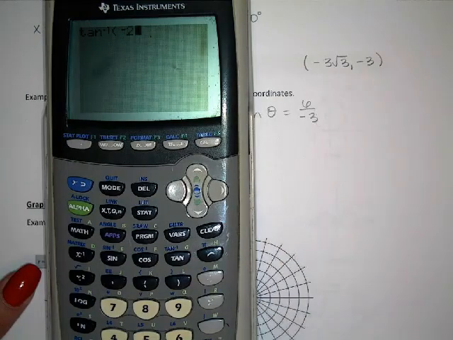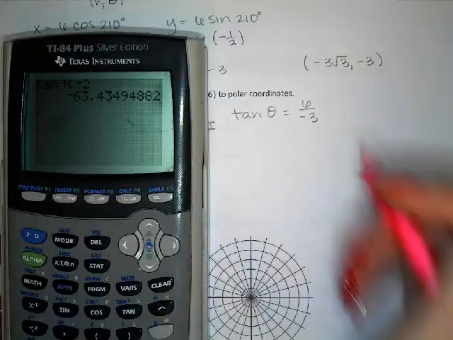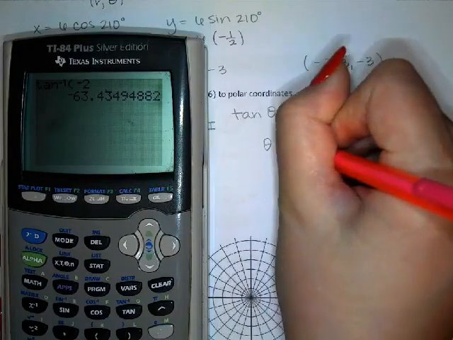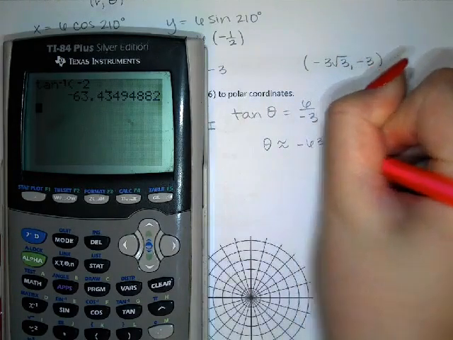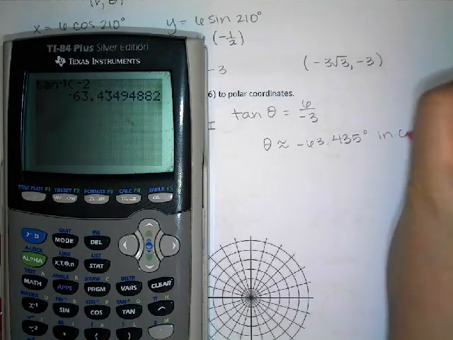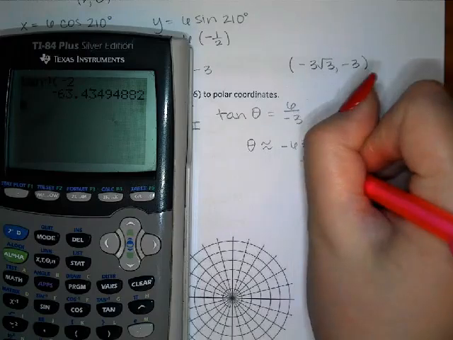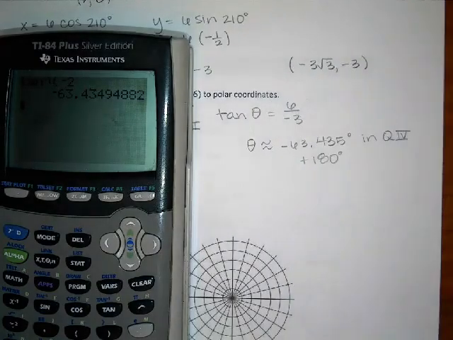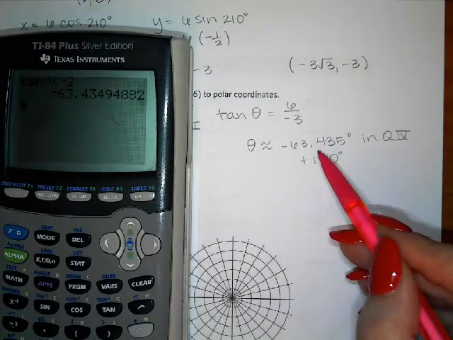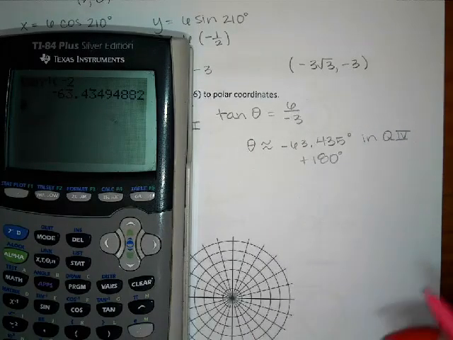This is a quadrant 4 angle. And so to make this a quadrant 2 angle, I'm going to add 180 degrees to it. So that's how we move tan into another quadrant. If it's in the incorrect quadrant, to find the second answer that you could get, you add 180 degrees.